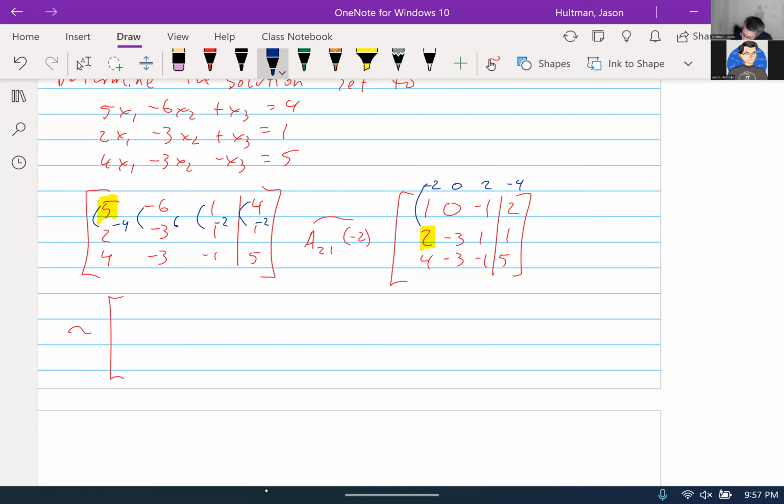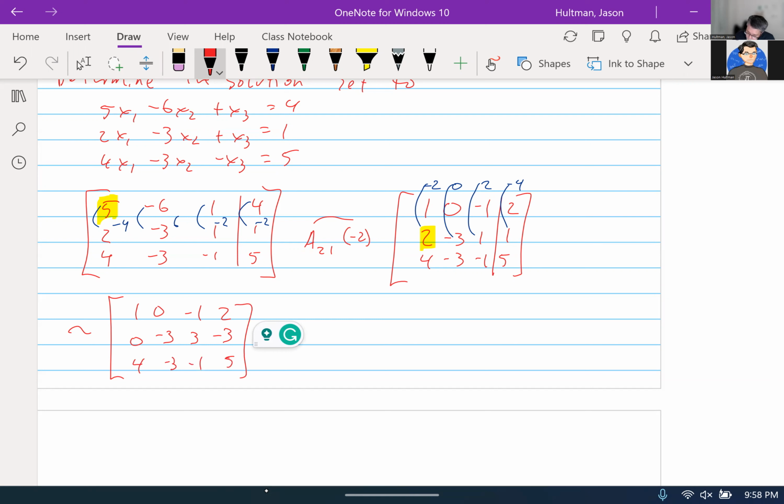Add that to row 2. So row 1 stays the same. So we get 1, 0, negative 1, 2, 0, negative 3, 2 and 1 is 3, and negative 4 and 1 is negative 3. Okay, and then the last row just stays the same. 4, negative 3, negative 1, and 5.